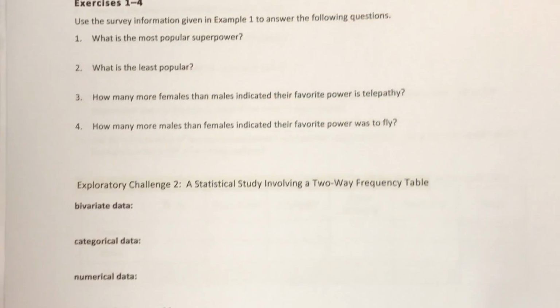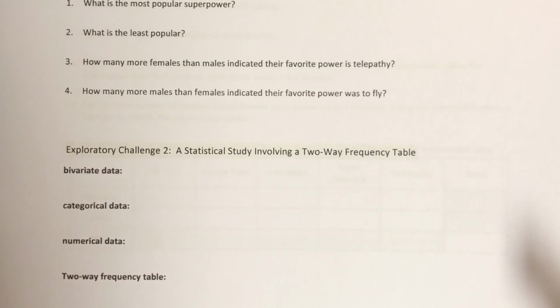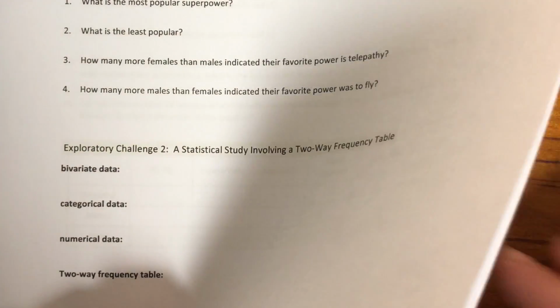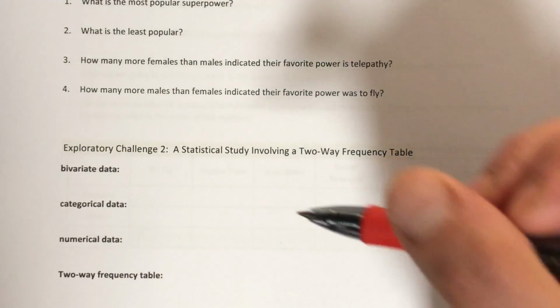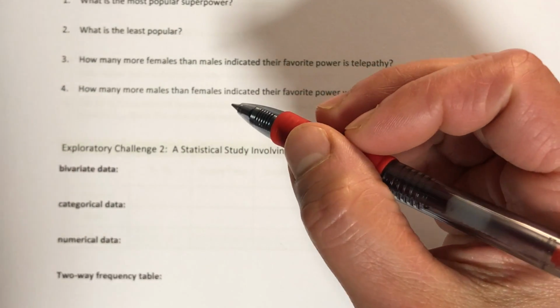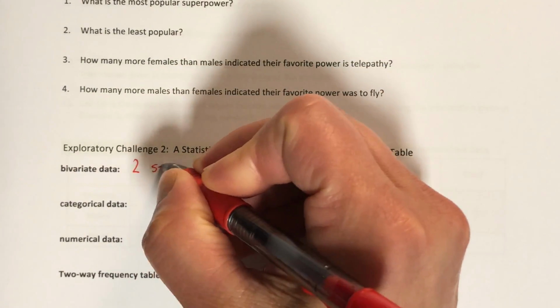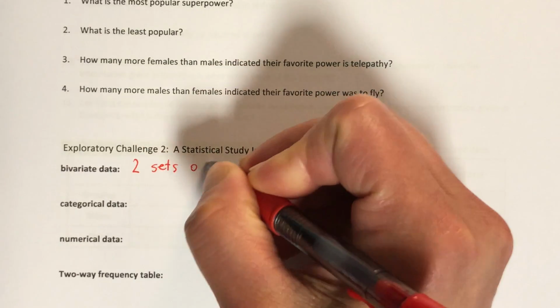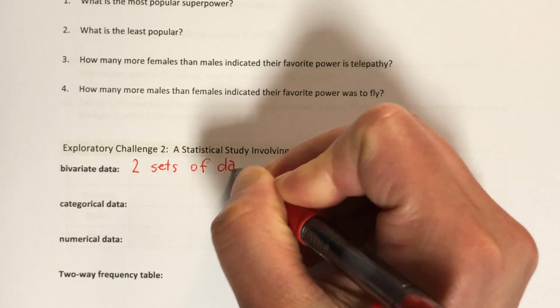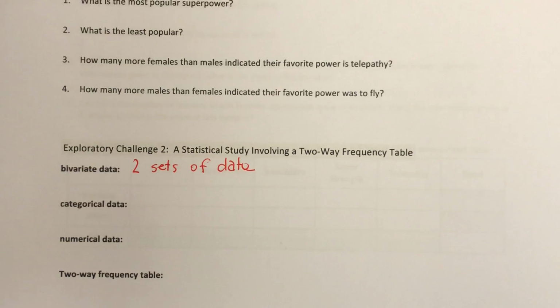So if we go to the bottom of the page, we have some words here that we can define. First of all, bivariate data: we need to have two sets of data paired together.